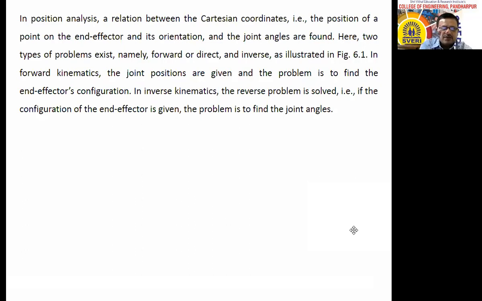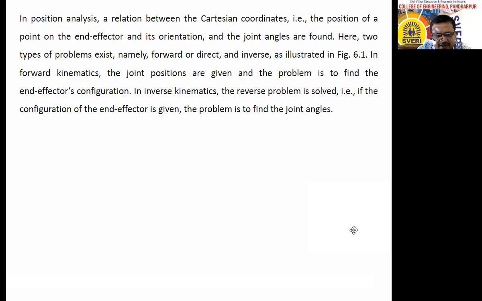In position analysis, a relation between the Cartesian coordinates, that is the position of a point on the end effector, and its orientation, and the joint angles is found. Here, 2 types of problems exist, namely forward or direct and inverse, as illustrated in figure 6.1.